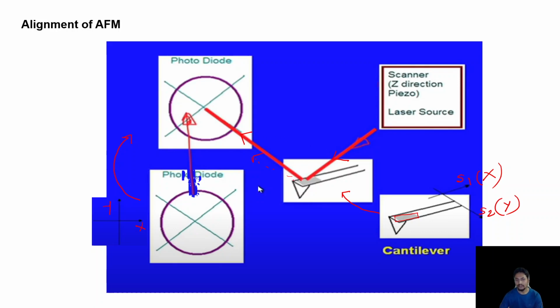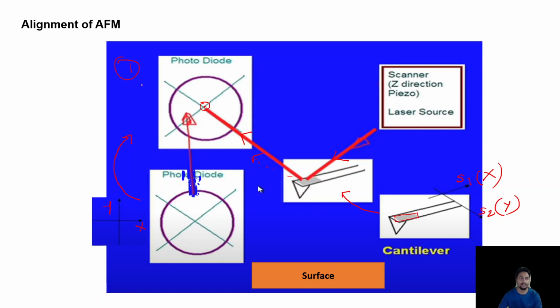Now the laser beam and the cantilever are all set, because the laser is coming, reflecting, and going to this zero position. Right, now the laser is set, but the surface is very far from the cantilever or from the tip. So after this alignment, this is the first step.